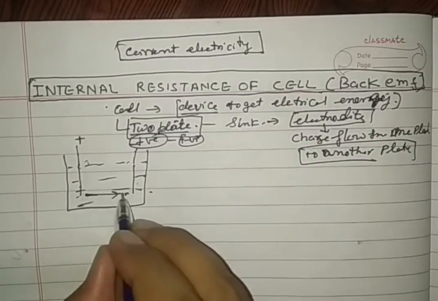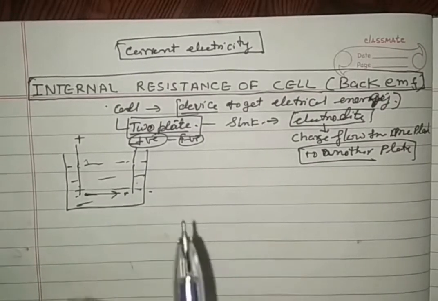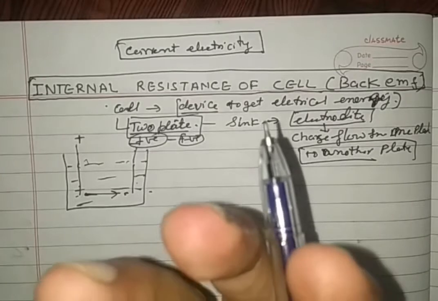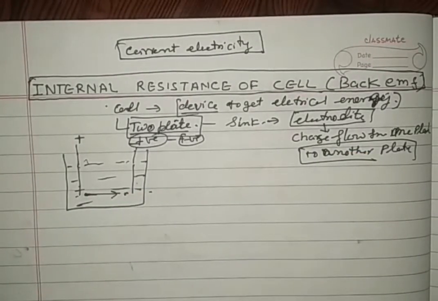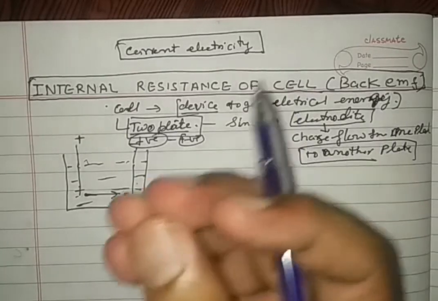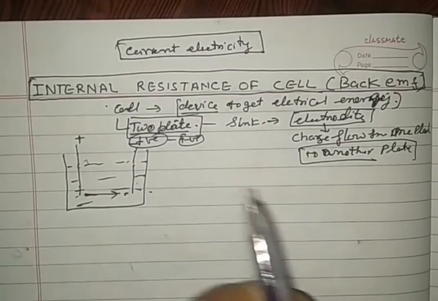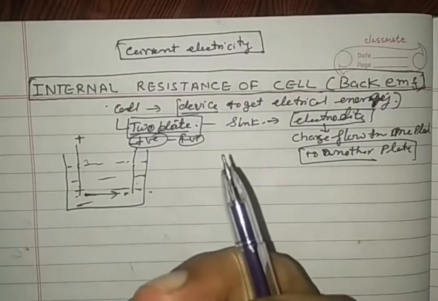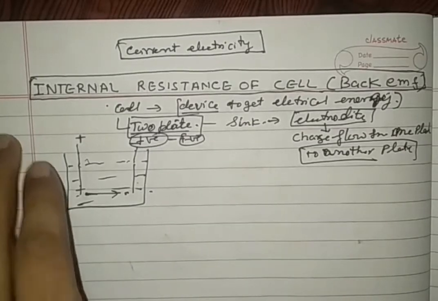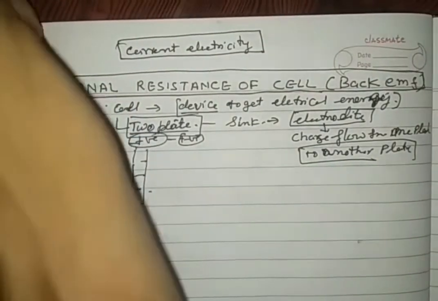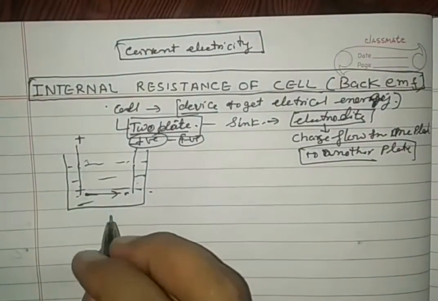When this charge flows, then it gets resistance in flow of charge in electrolyte. So the obstruction in flow of charge in electrolyte of a cell is called internal resistance of a cell. See very carefully the definition of internal resistance.